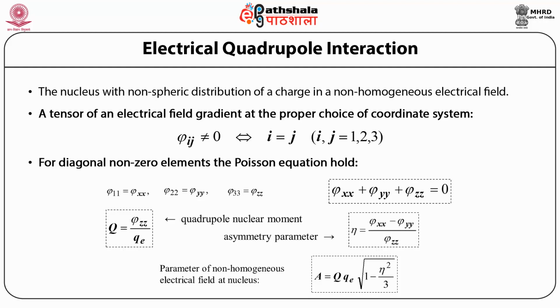At low temperature and in the presence of magnetic field, sometimes this quadrupole interaction plays a very important role. For that we need a further deep understanding, which is beyond what we can discuss here. We will take a much deeper understanding of this interaction at a higher stage.